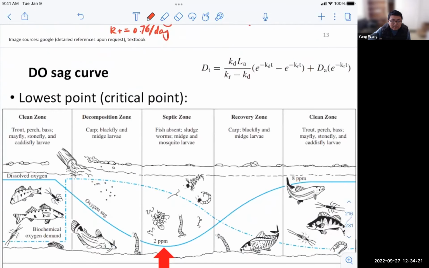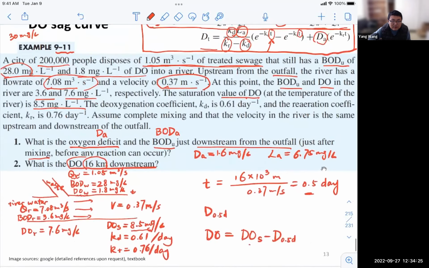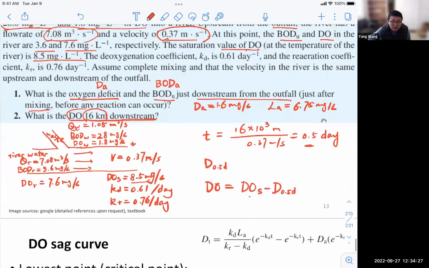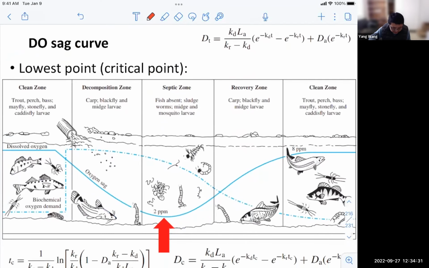Again, basically we have this analytical expression here. Now we can look back at this DO Sag curve. For the Sag curve, we have the decrease of the oxygen and then the oxygen increases back.